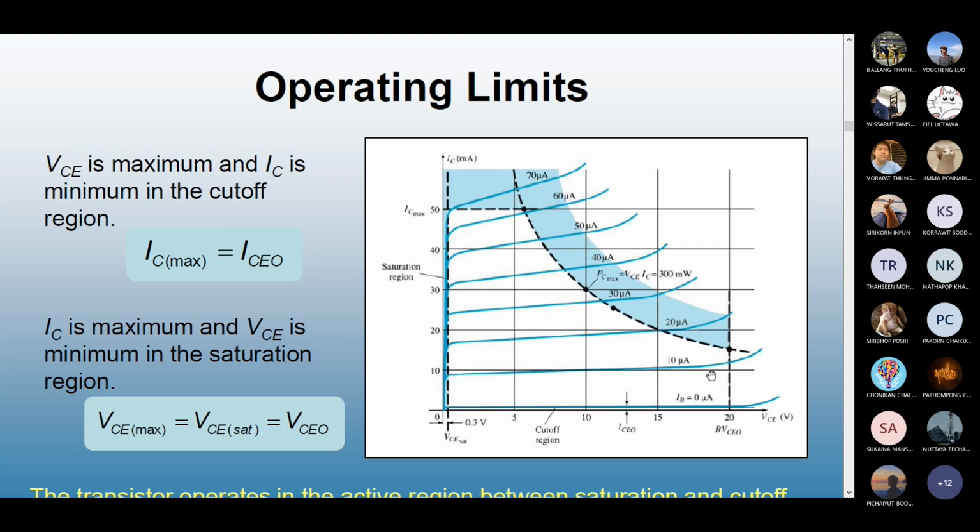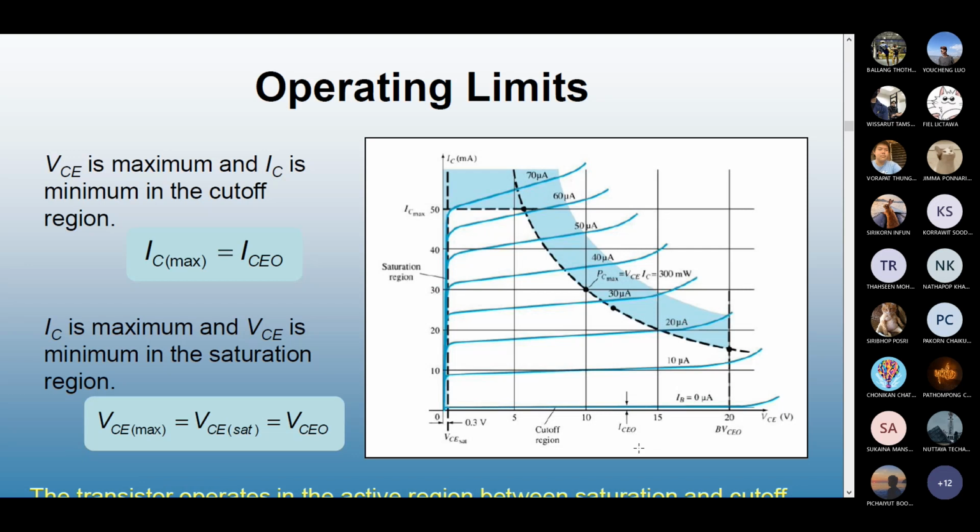And then you have on the x-axis VCE, the output voltage, which is taken from the collector terminal to the emitter terminal in volts. We have discussed the saturation region, which is the vertical shaded area, where you have a lot of current, but rarely any voltage. And the cutoff region is the bottom part, the narrow bottom part.